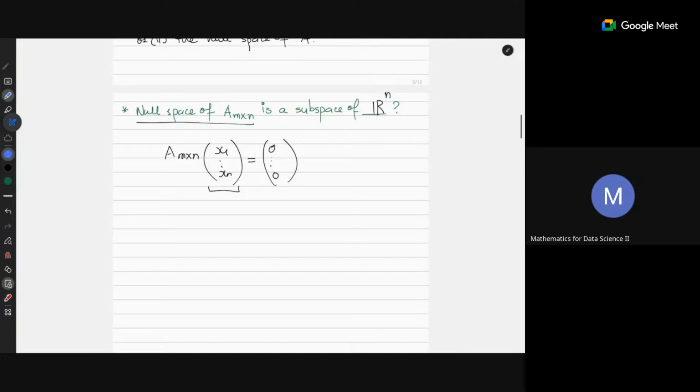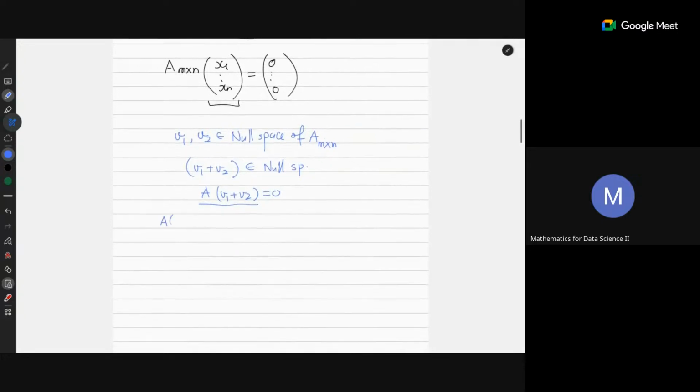So suppose you have two vectors, let's say v1 and v2 belong to the null space of A, which is m cross n. In order to prove that it is a subspace, what I need to prove is that if I sum them, their sum is also in the null space. Now what does it mean for the sum to be in the null space? This means that A(v1 + v2) must be equal to 0. Let's start with the LHS.